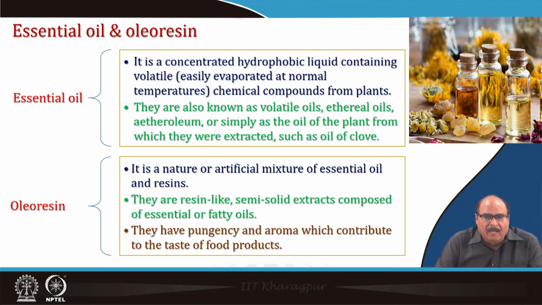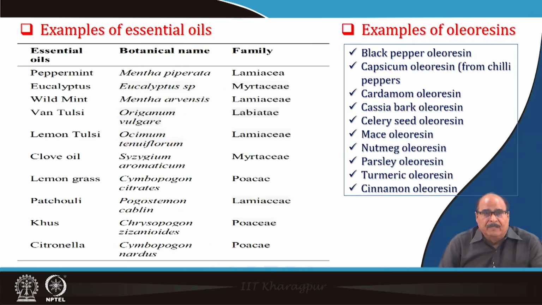They have the pungency and aroma which contribute to the taste of the food product. So, the major difference is that essential oils may not have the taste and flavor, but the oleoresin definitely will have the characteristic taste and flavor of the particular commodity from which they are made.